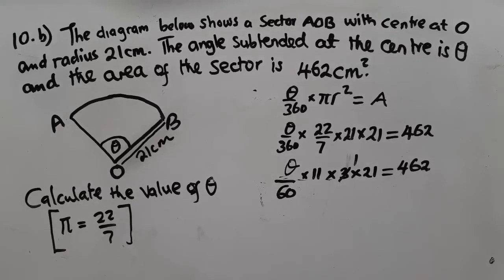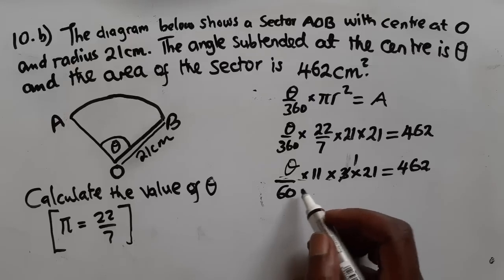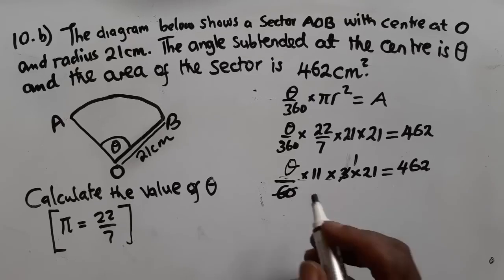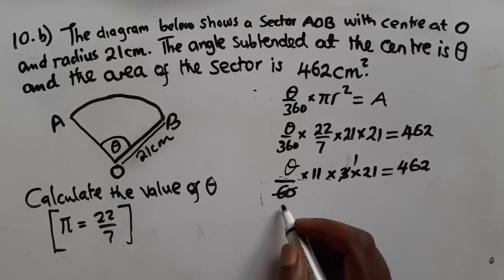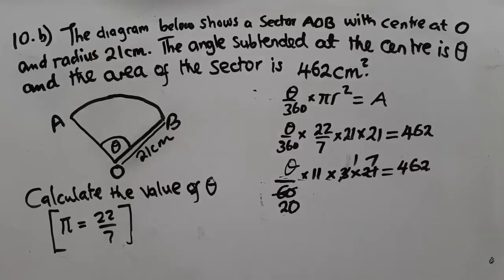Now, if you want, we can go further here: 3 into 60, how many times? It's 20, isn't it? 3 into 21, it's 7. I hope you're getting that. We are simplifying. Take note that we do not have a calculator in this case.